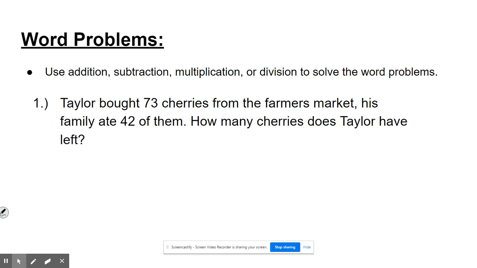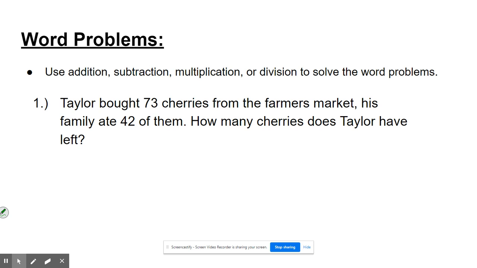So if we read this word problem, we're going to use addition, subtraction, or multiplication to solve these word problems. It reads: Taylor bought 73 cherries from the farmer's market. His family ate 42 of them. How many cherries does Taylor have left?